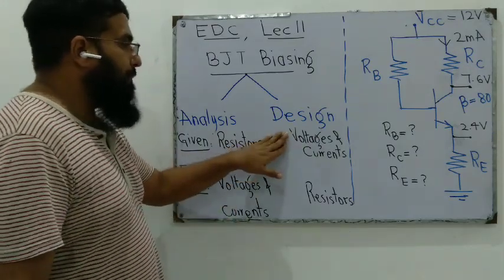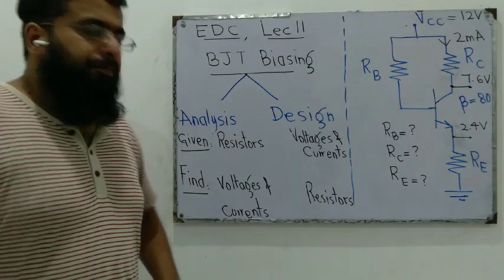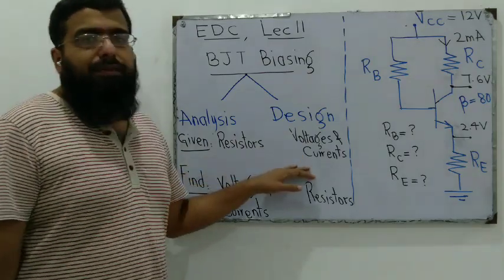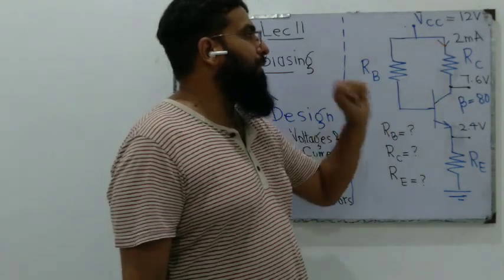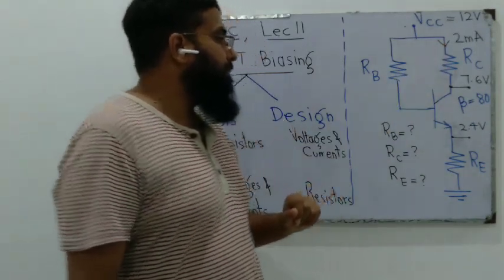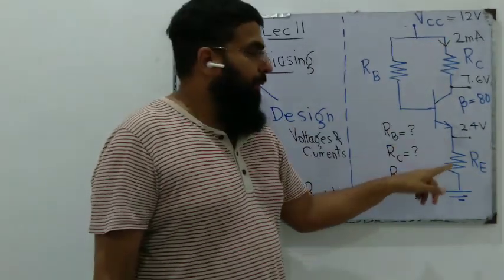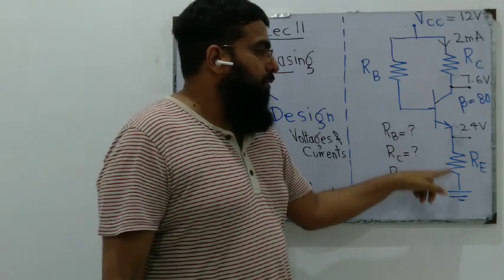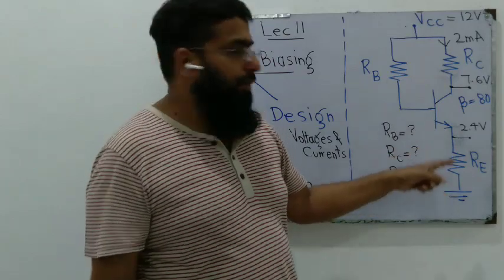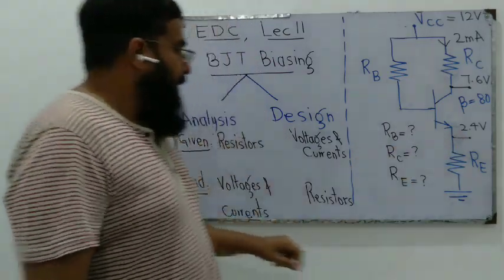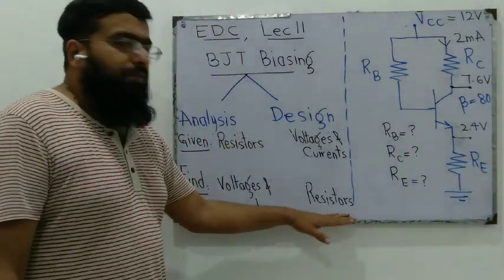For a design problem, it is vice versa. Voltages and currents at different points in the circuit are given. For example, IC of 2 milliampere is given, and VE, the voltage drop across the emitter resistor, or the voltage of the emitter terminal with respect to ground, is given. And we have to find out the values of the resistors.